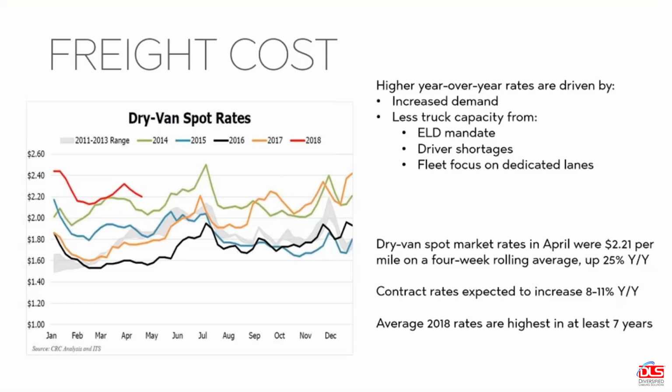If you look right above that, that orange or gold line was where we were in 2017. And the red line there at the top, you can kind of see already it's way up there, almost matching where we were way back in 2014. So even higher than we were in 2014. DLS typically deals with contract rates, and we're still seeing increases of 8 to 11% year over year on those increases as well.